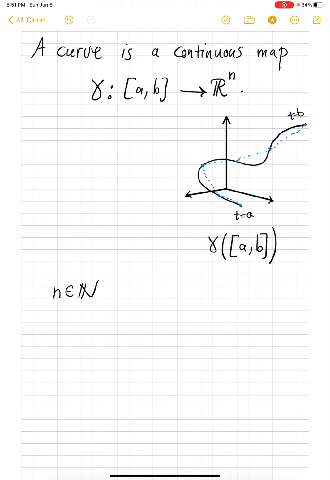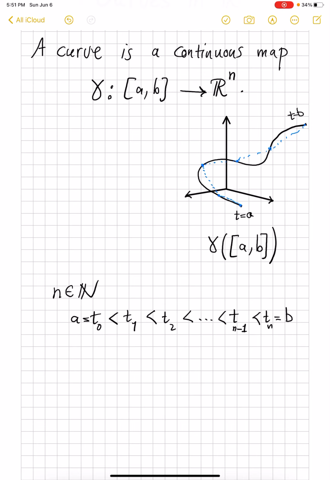You pick a natural number which tells you how many divisions you want, and then you fix points. Your first point should always be a, the point where you start. Then there is t1, and then t2, and so on until, in finite time, it's never infinite, you reach t_{n-1}, and then t_n, which is always the end of your interval.